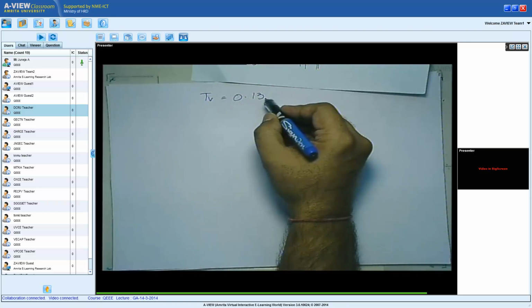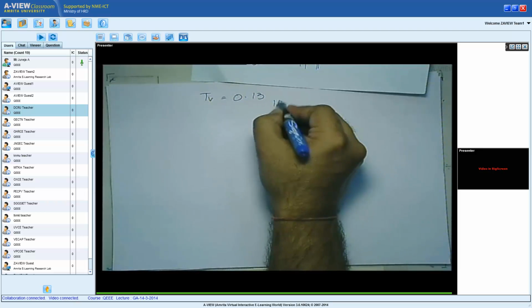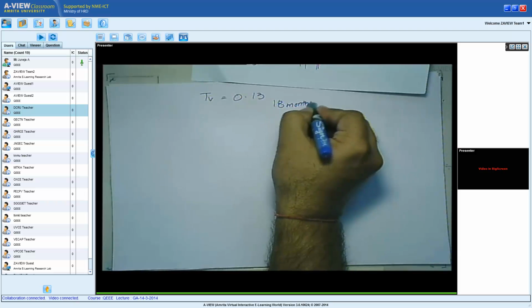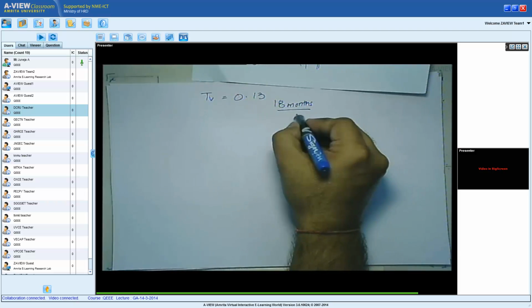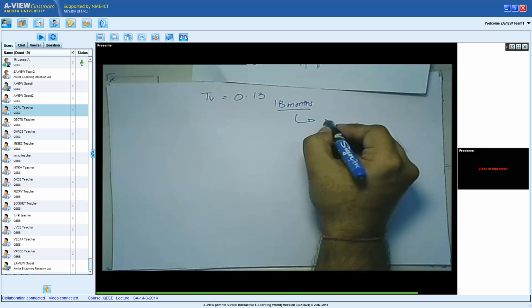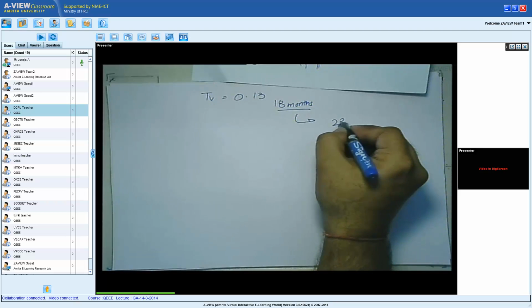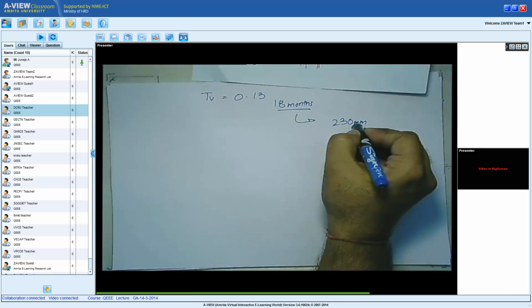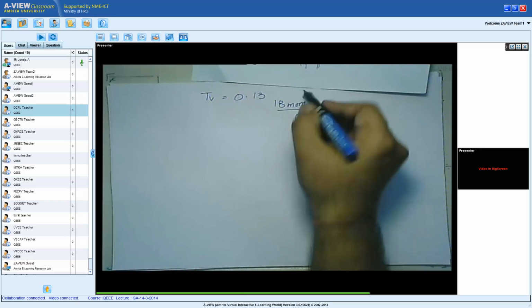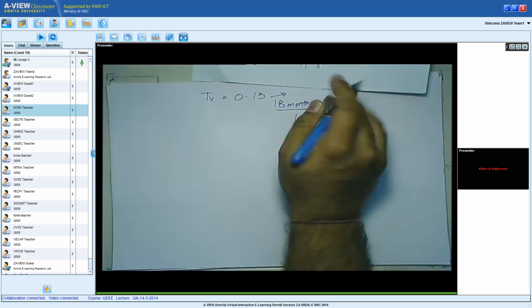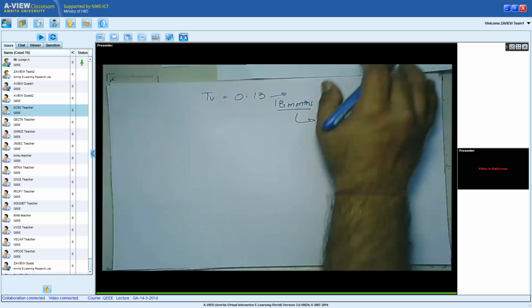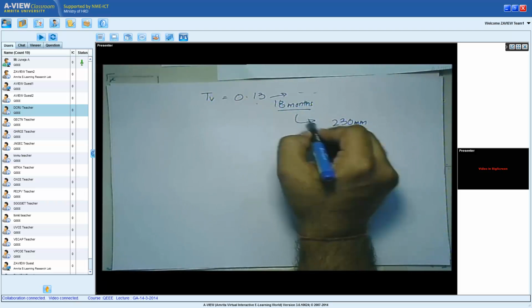This is the normalized time for 18 months. In 18 months, I know the amount settled, it's given in the question, 230 millimeters. At this time, the pore pressure at the bottom of the layer was given, and we have just deduced this value.